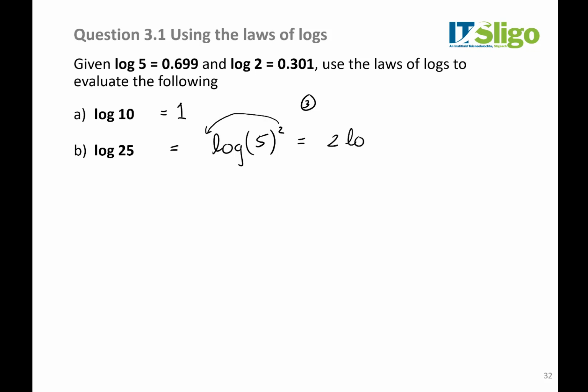So that's 2 times the log of 5. The log of 5 is 0.699. And we just get our calculator, and that gives us 1.398.